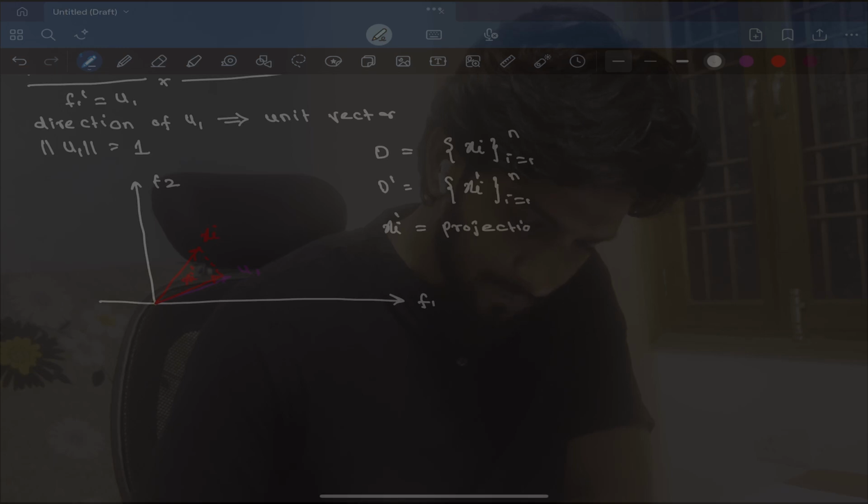where xi dash is the projection of xi on u1. And this can be written as u1 into xi divided by the magnitude of u1. This is coming from linear algebra.